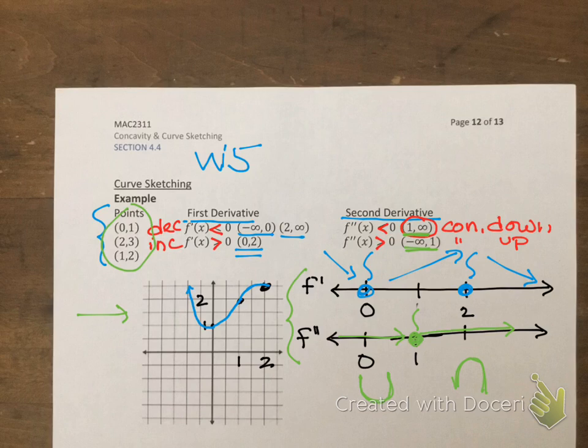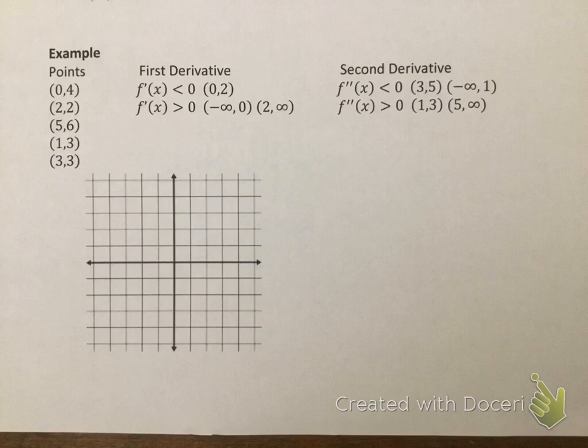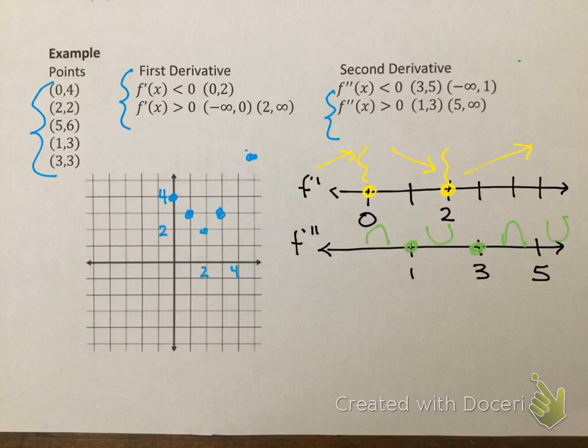I'm concave down the rest of the way, but now I am also decreasing again. So my sketch would look like that. Take a minute, see if you can plot these points. Draw the first derivative number line and second derivative number line. Plot those points, and then we'll come back and sketch this curve together.